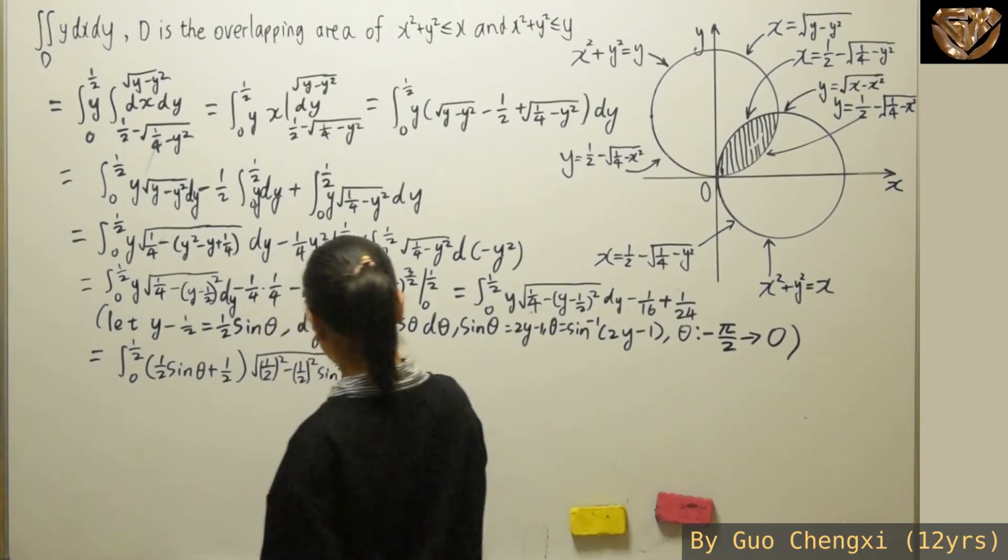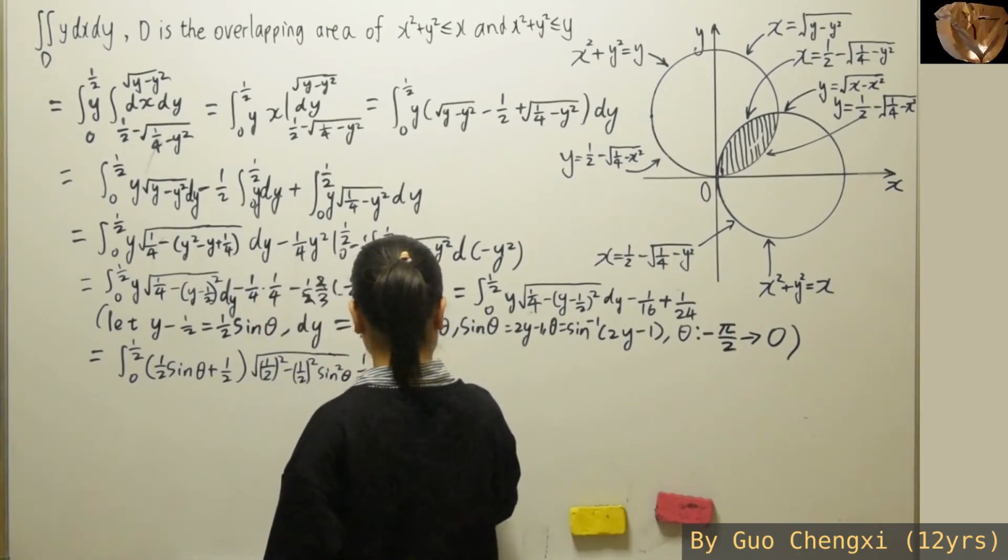And then for this part, you're going to end up with a half cosine d theta.